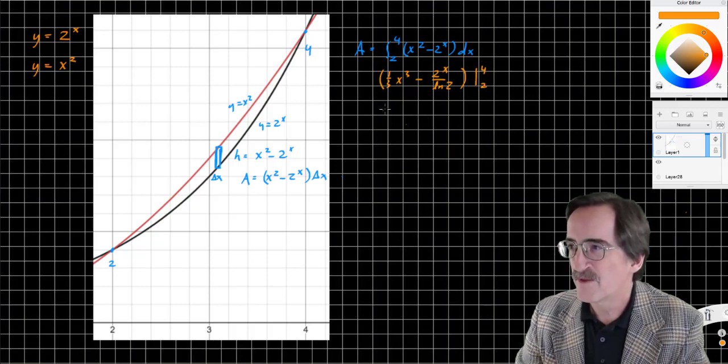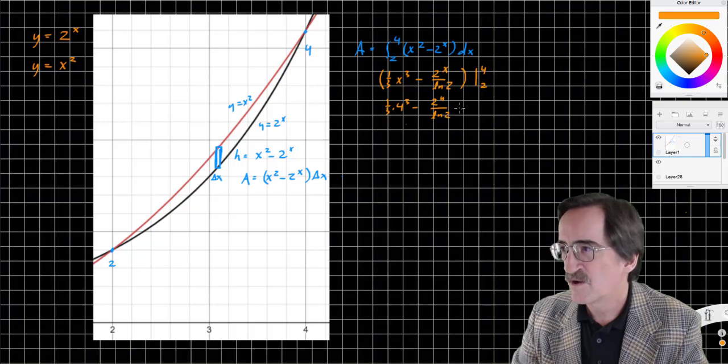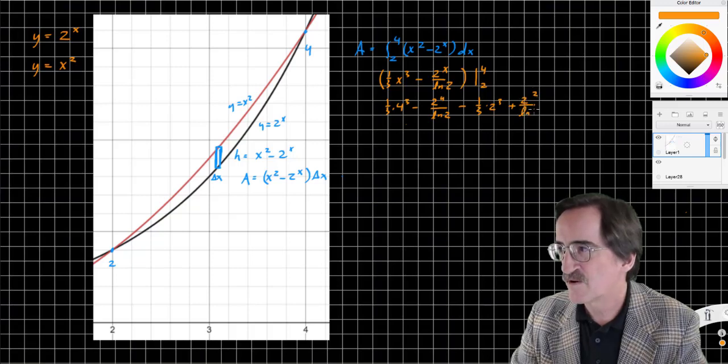So let's do this: 1/3 times 4 cubed minus 2 to the 4th divided by ln 2, minus 1/3 of 2 cubed, plus 2 to the 2nd over ln 2.